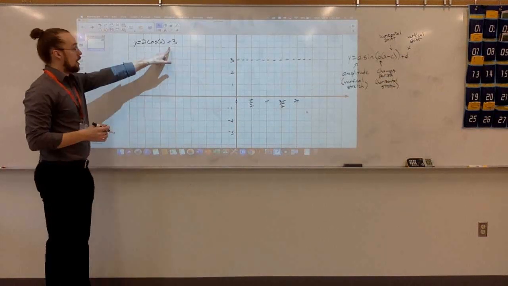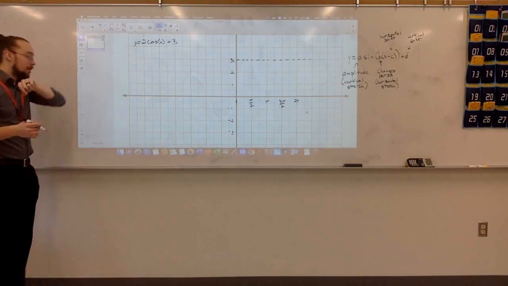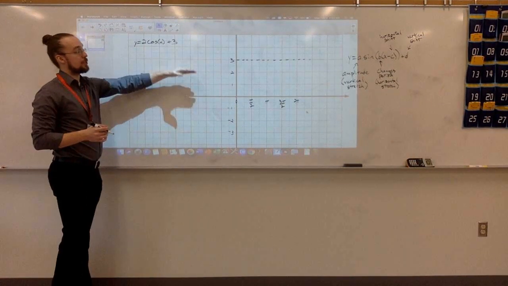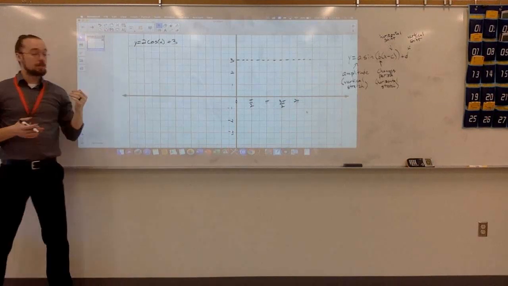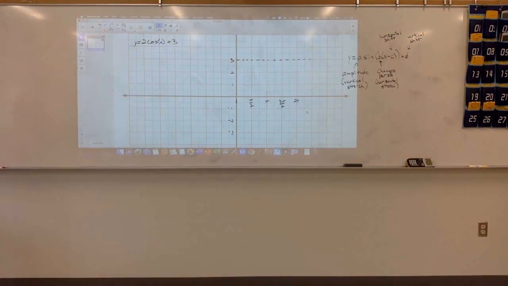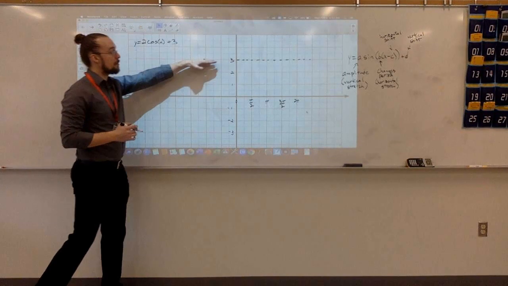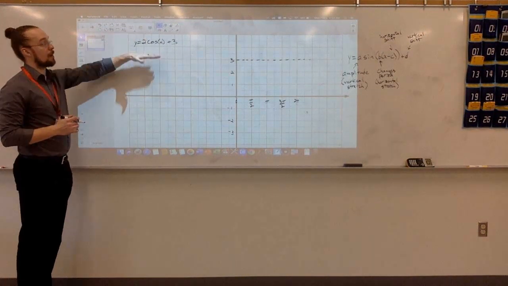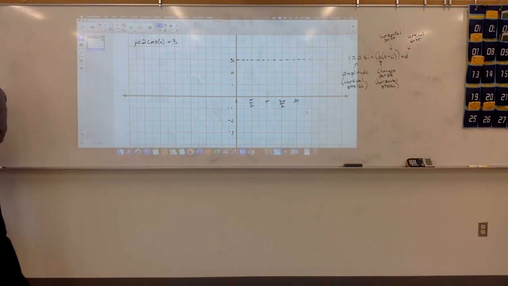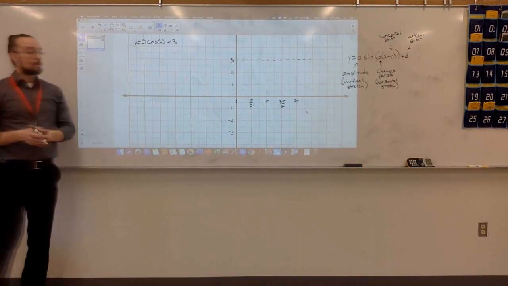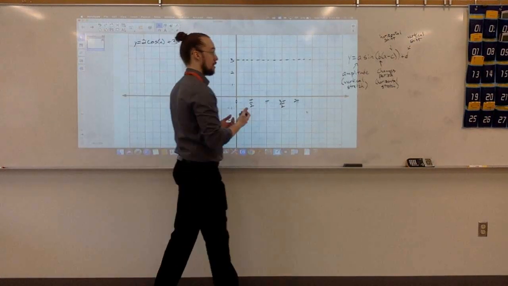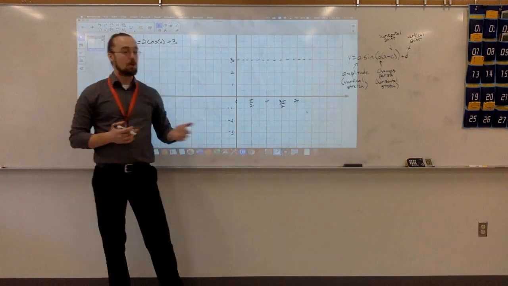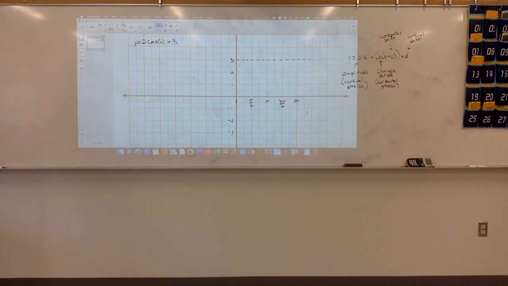I know that my midline, the middle of my function, is shifted up 3, and in this case I also have an A value. I'm changing the amplitude. So from the midline, my maximum is going to be up 2, and my minimum is going to be down 2. We're not shifting horizontally at all, so these are still my key points: 0, pi over 2, pi, 3 pi over 2, and 2 pi.